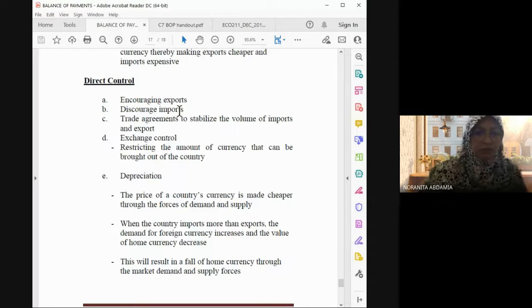We encourage export by applying campaigns, silent campaigns, and advertisements, nak menaikkan supaya orang berminat hanya untuk beli barangan buatan Malaysia. Melancong-lah dalam negara, daripada pergi ke luar negara. Malaysia first, after that barulah go to others. Also trade agreements with other countries, exchange control, depreciation and so on.